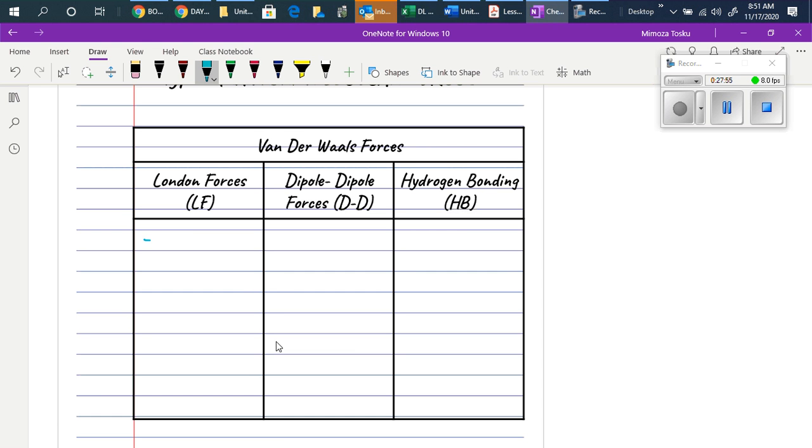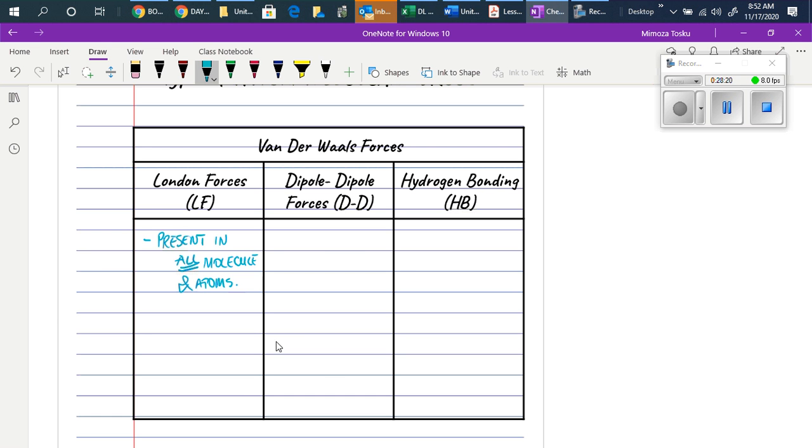This is present in all molecules. And when I say all, it doesn't really matter what it is, in all molecules and atoms. Okay, so it is everything.